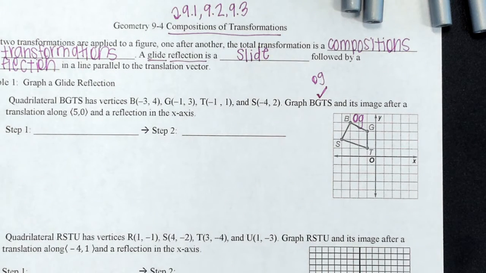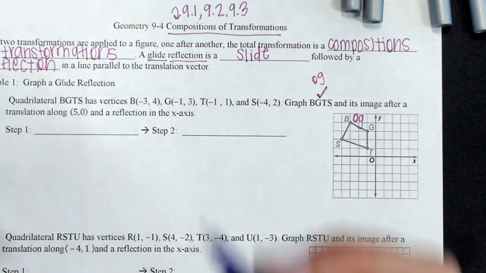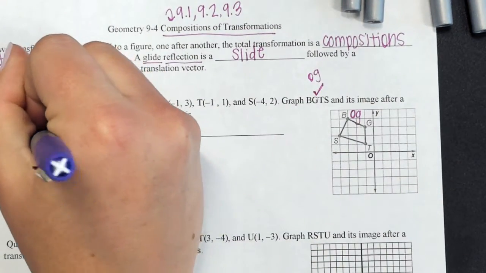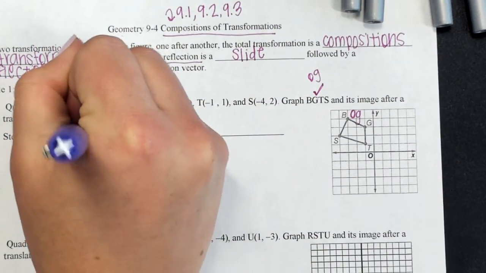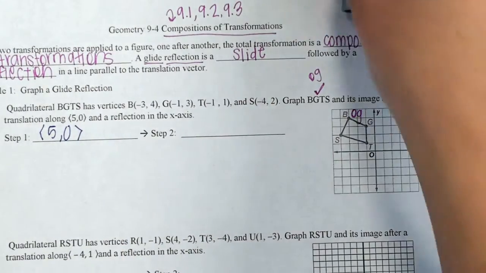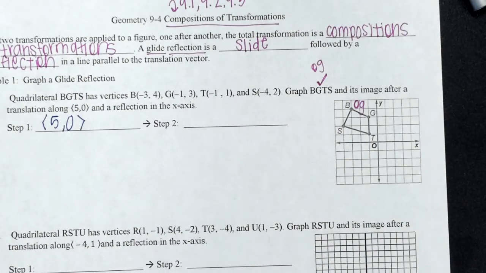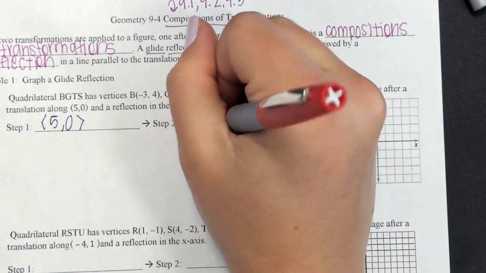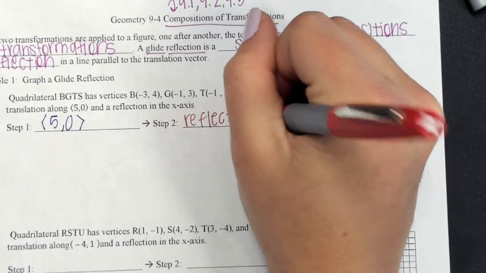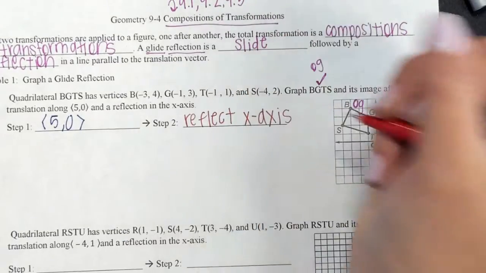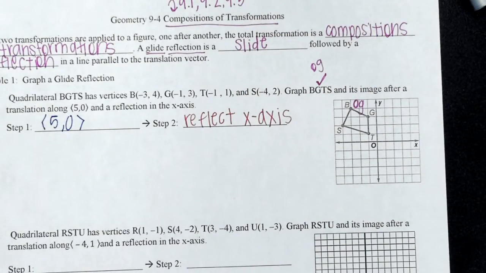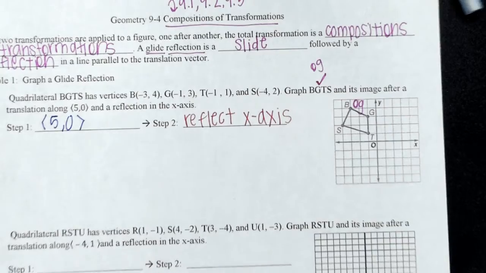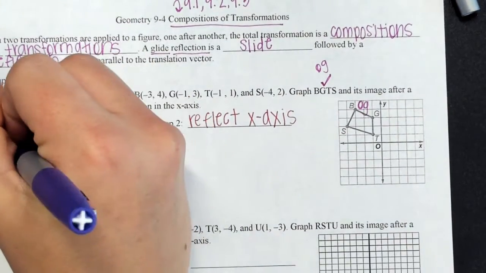Reflect. So step one, I'm going to do it in purple. First, we need to move by the vector 5-0. Then, after we've translated by the vector 5-0, we need to reflect over the x-axis. Remember the primes? I want you to write your new points.